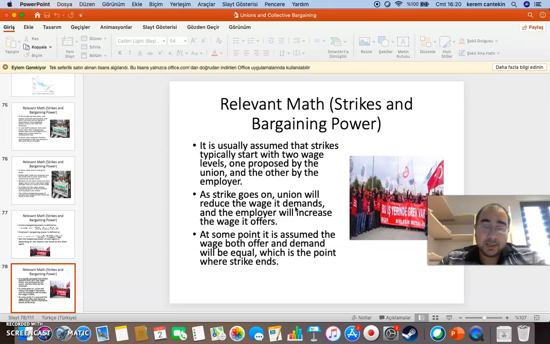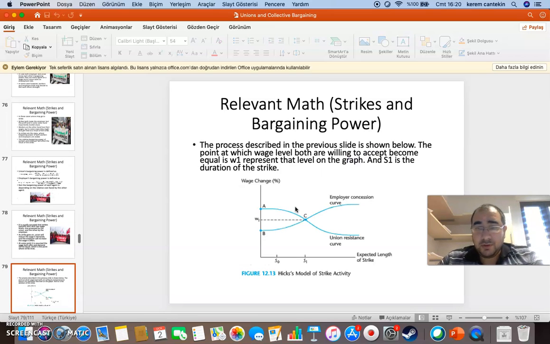Well, whenever you have a strike, this is the union's concession curve, because the longer the strike goes, both the employers and unions, the agreement they are winning in this, which is here expressed in wage, of course, but that can also be working conditions, will get closer.